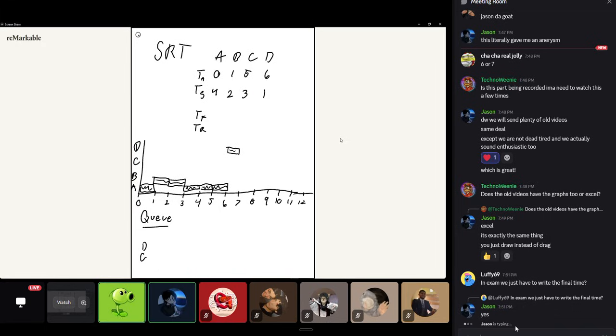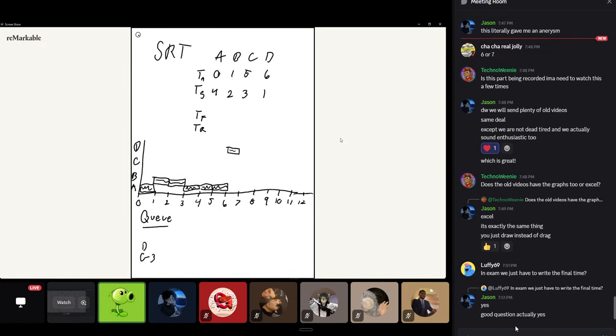So C is moved down here because of this crossroads, and we're going to prioritize D. Okay, so we're going to do D, and D is only going to have to do it once. Perfect. And now, once D is complete, we can finally start C. That's kind of cool. 1, 2, 3.